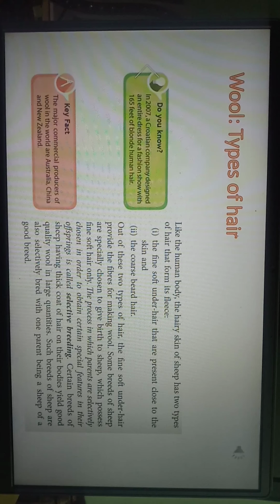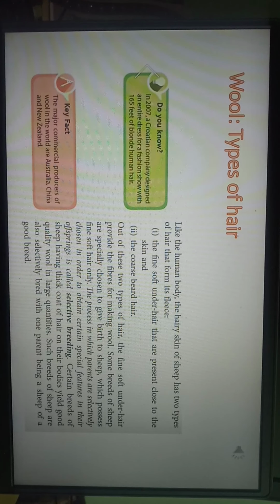Now the next one: certain breeds of sheep have a thick coat of hair on their bodies. That thick coating of hair yields good quality wool in large quantities.